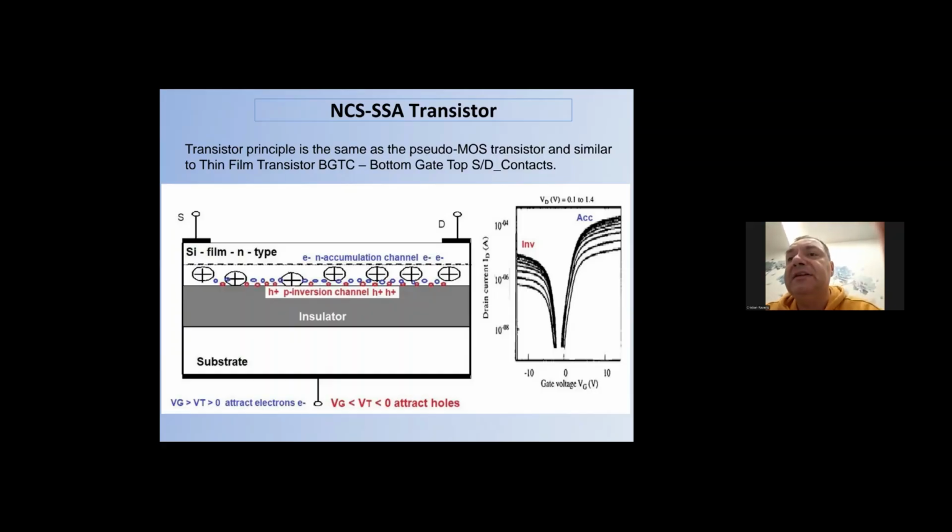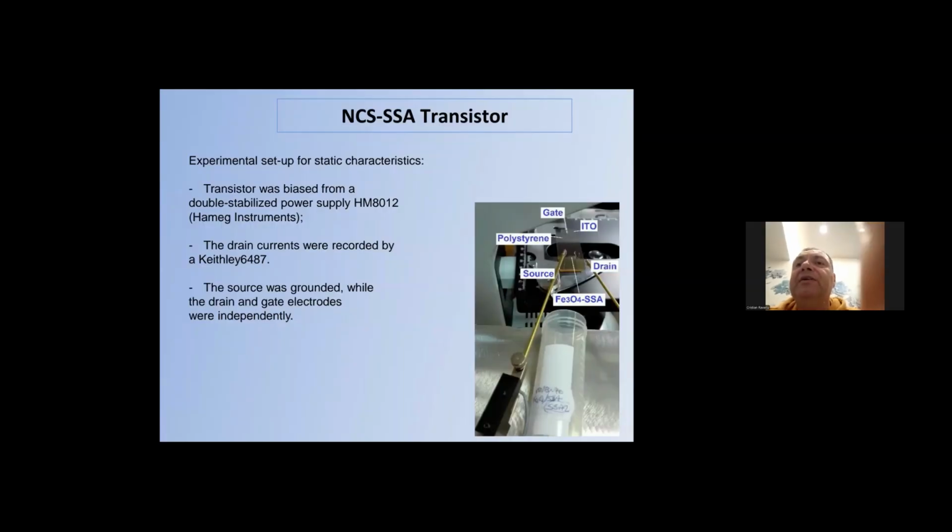In the right picture, you can observe the standard characteristics, drain current versus gate voltage, in inversion and in accumulation, with red and with blue. This is the principle that has to be respected in a pseudo-MOS transistor. And now we replace silicon and the other insulator with our organic compounds.